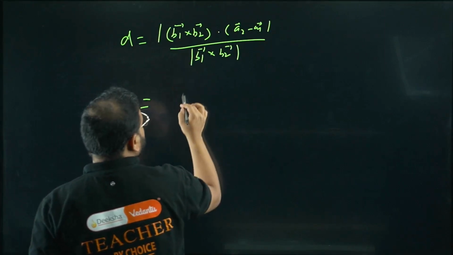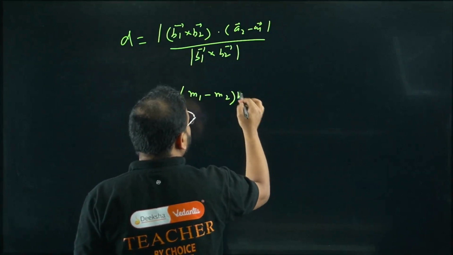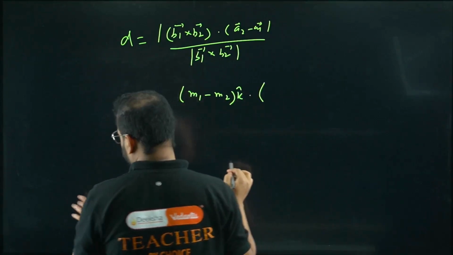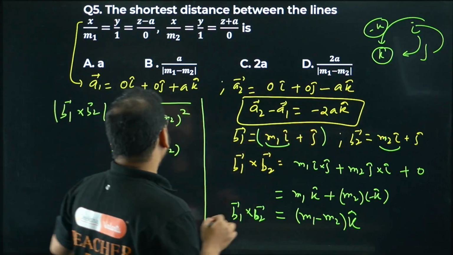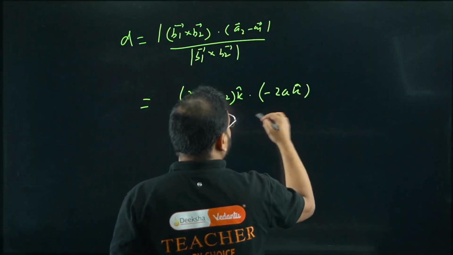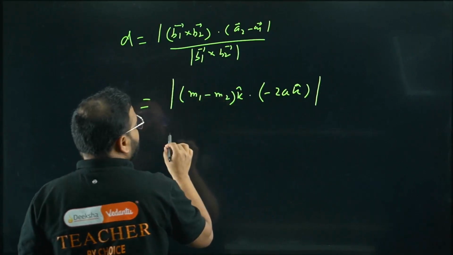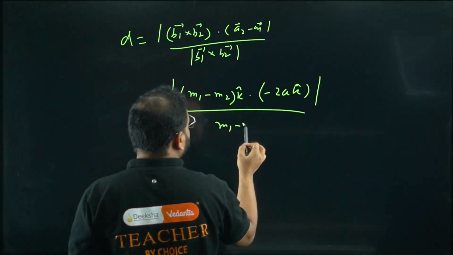We have this value as m1 minus m2 k cap, right? Dot with, excuse me, we have this as minus 2a k cap. So right here, minus 2a k cap, okay, divided by this we got already, m1 minus m2.